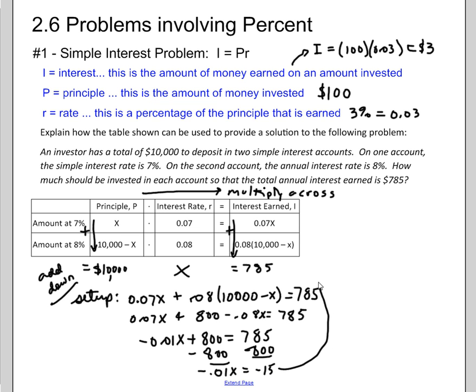Let's carry on with this. What does this mean to us? If we want to solve for x, we're going to have to divide both sides by negative 0.01. So x is equal to negative 15 divided by negative 0.01. Now, two things here. This is actually a very easy fraction to solve, even though it looks like we've got this whole decimal thing going on. I'll point out that 15 is the same thing as 15.00.